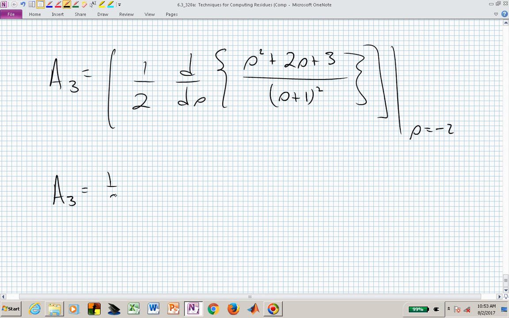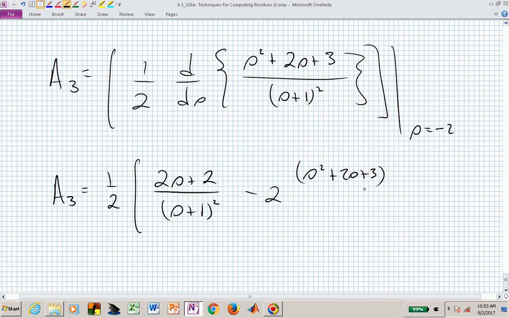Let's go ahead and factor out the 1/2 so that we don't have to worry about that. We can differentiate the numerator, which is 2s plus 2, and then we differentiate the denominator, which is minus 2. The numerator is s squared plus 2s plus 3. We now have s plus 1, quantity cubed, and we're then differentiating s with respect to s. We evaluate all of that at s equal to minus 2, and that now leaves us with a sub 3 equaling 2.